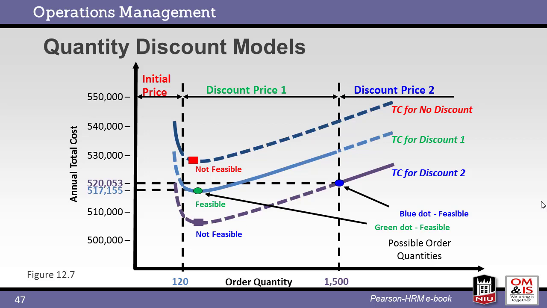Again, the EOQ falls outside the valid range, and the lowest point of the curve is at the border when it crosses the 1,500 unit vertical. At this point, the total cost is $520,053. Comparing the results from the three curves, we see that the lowest total cost is $517,155, implementing discount 1.